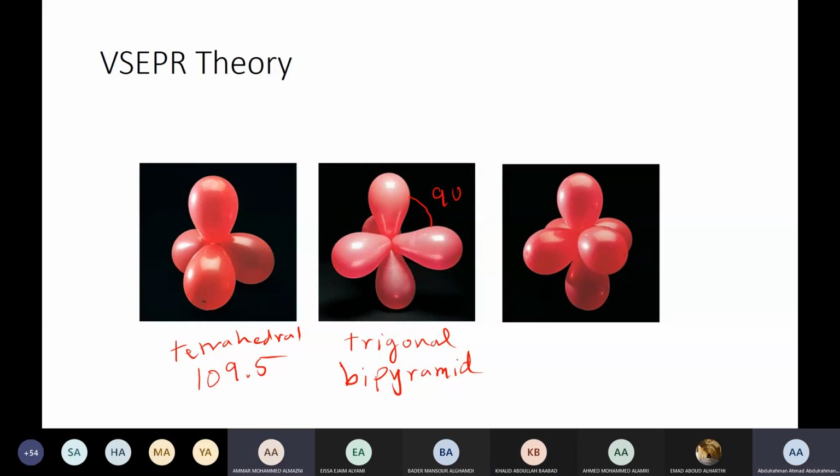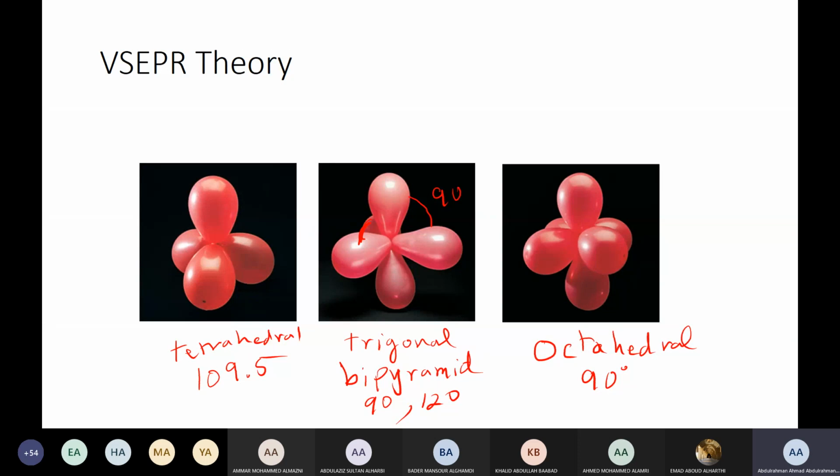The one which is in the plane is 120. So we have two important angles, 90 and 120. And the last one is called octahedral. And the angle is exactly 90 in all directions.